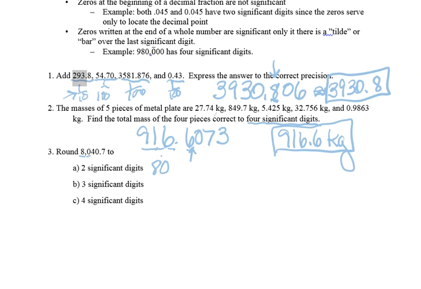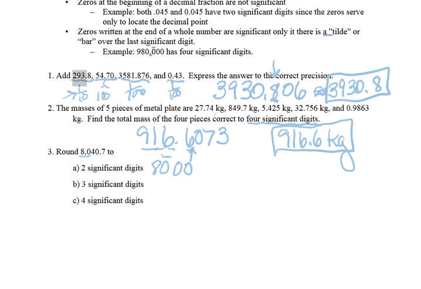To show that it's significant, we put the tilde, or I put the bar over it. Either one is fine. Now, if I look at that number as is, it looks like 80. Well, that's not true. This number is 8,000, so I need to keep its value. To keep its value, I'm going to put 2 more zeros, so now it looks like 8,000. Since the bar is over the first 0, I have 2 significant digits.